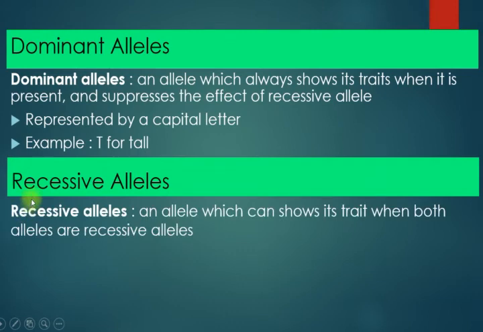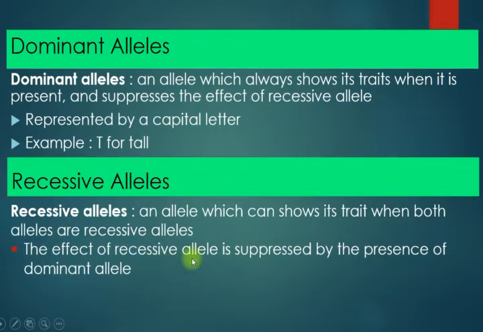Now we go to the recessive alleles. What is a recessive allele? An allele which can show its trait only when both alleles are recessive. The effect of the recessive allele is suppressed by the presence of the dominant allele, so the recessive allele cannot show its trait.